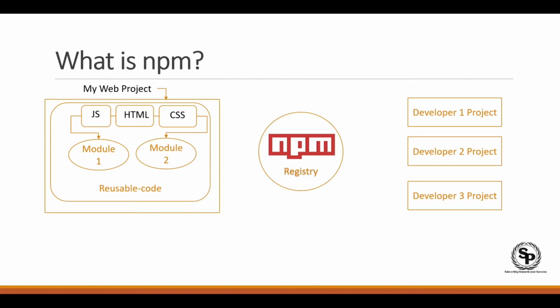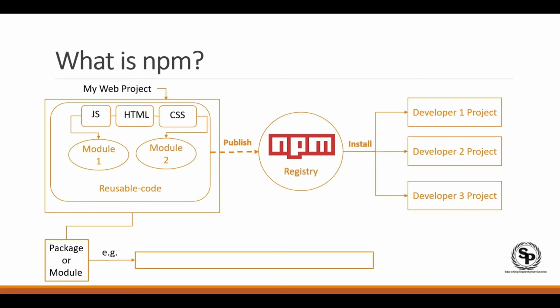So now you are publishing your project to npm, and developers from all over the world can install it, and this whole reusable code will be considered a package or a module. Let's see examples of other packages or modules that npm has. Angular is a package, Lodash is, Bootstrap is, Software.io, Async, etc. And there are many more.